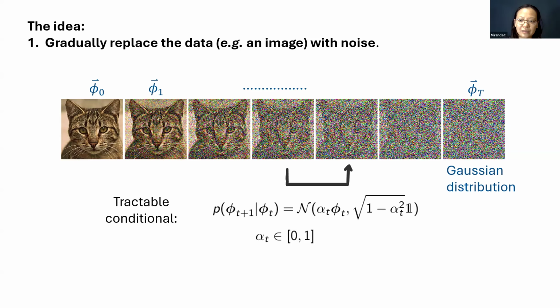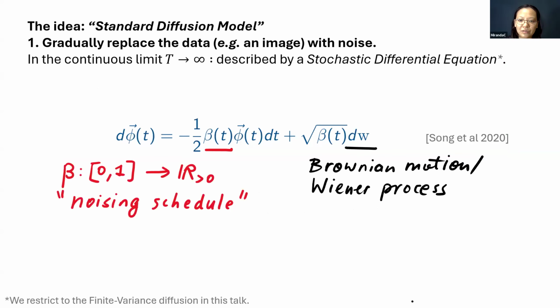All right, and so in the continuous limit, when we chop the process into infinitely many steps, this process is described by a stochastic differential equation.